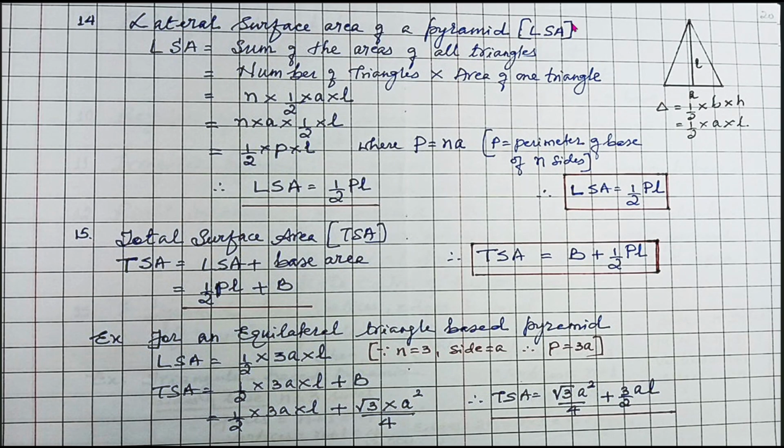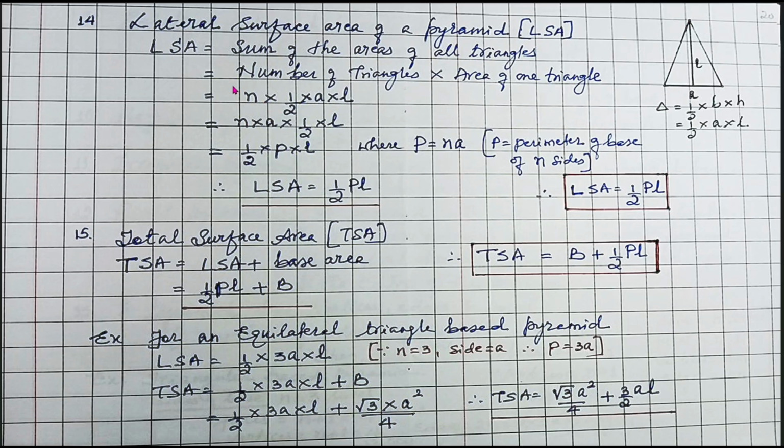Remember that. Now, the lateral surface area of a pyramid. As we know, the lateral surfaces are triangles. So, to find the lateral surface area, we have to add the areas of all the triangles of the lateral surface. That is equal to the number of triangles into the area of one triangle. The number of triangles is n, and the area of one triangle is half base into height. A is the length of the edge and L is the slant height here.